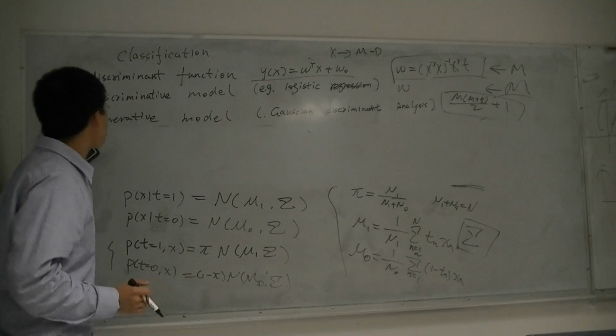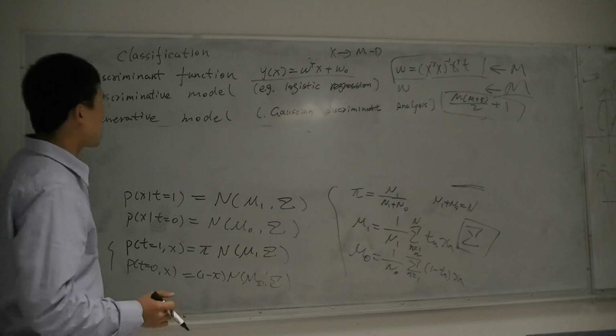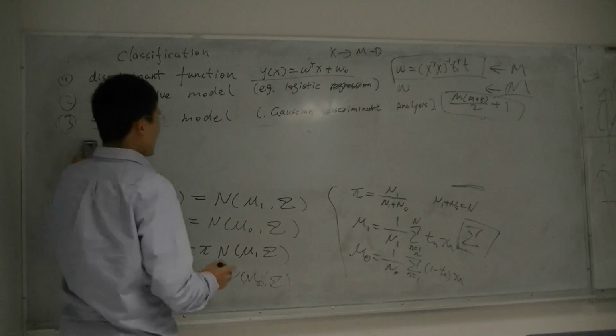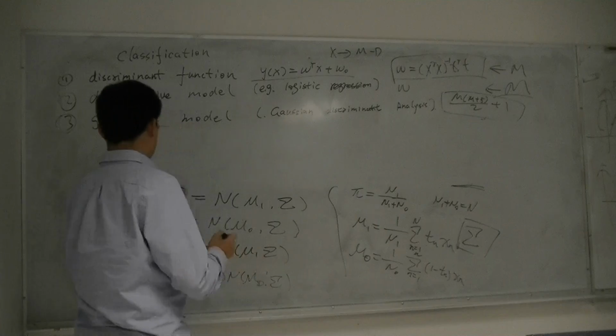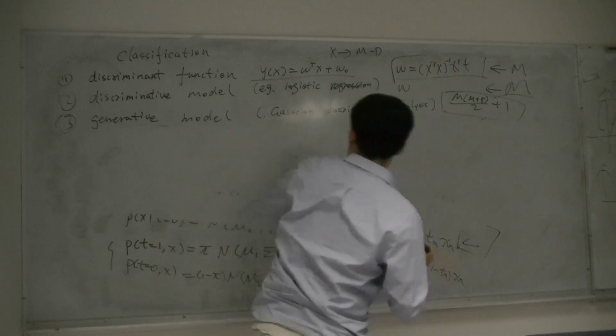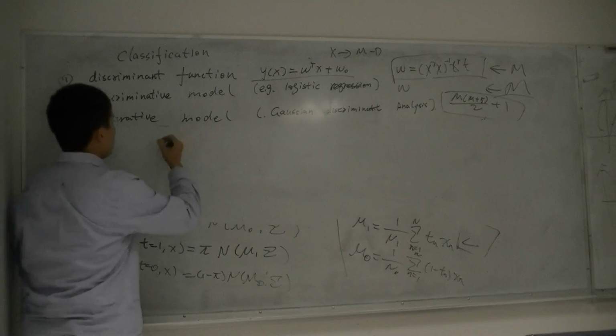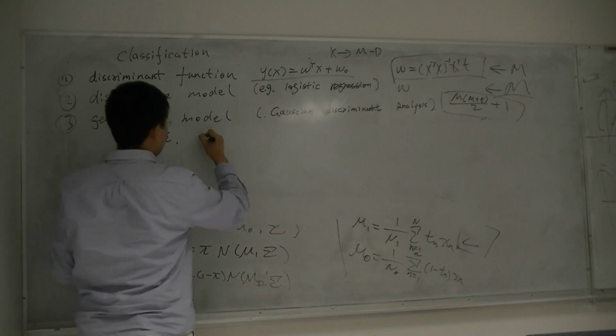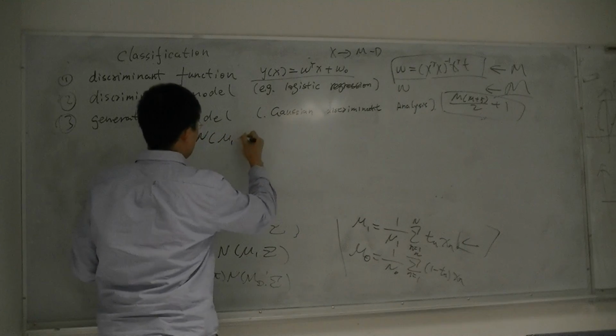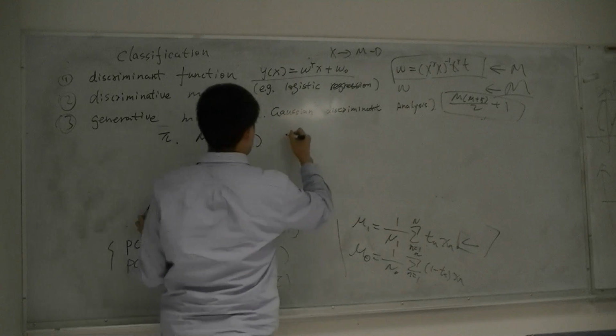Yes, there's another advantage for the third method. In the third method, we got pi and the sigma here.